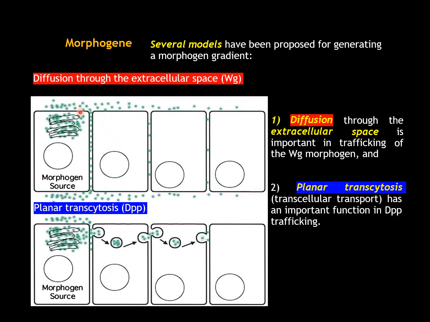The cells that are closer to the morphogen source will have a higher amount of the signaling, while the ones that are farther will have slowly less and less. Another one is the one proposed for DPP, that is actually transcytosis.